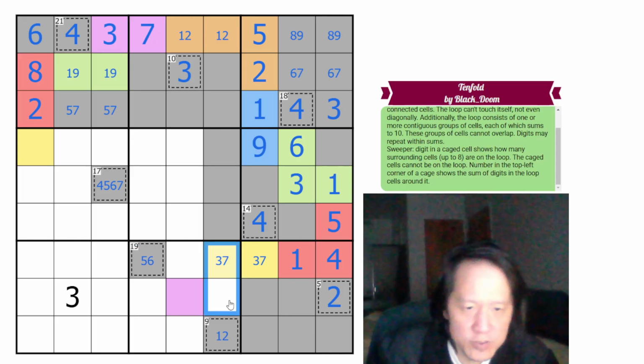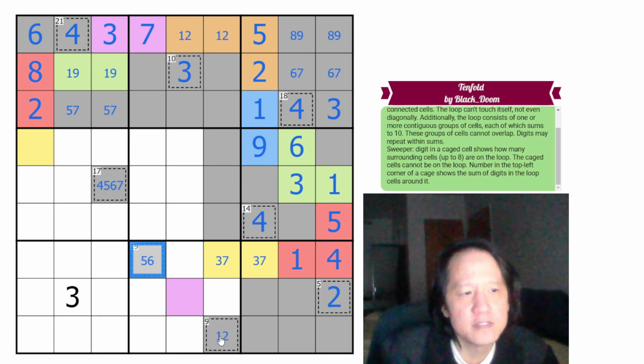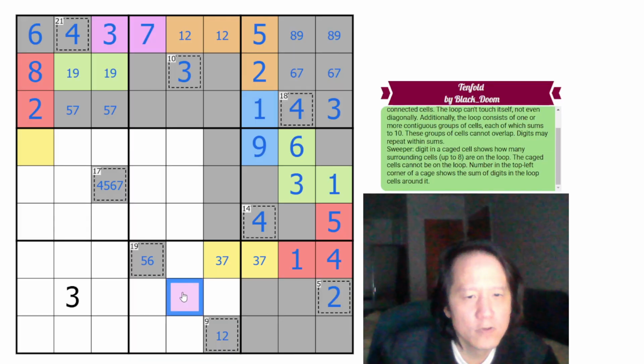So if this goes down this way, this must be 2 then. So this is 5 or 6 digits adding up to 19. It could be something like that.